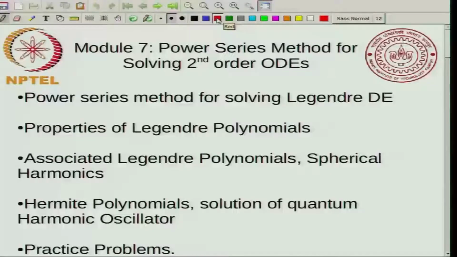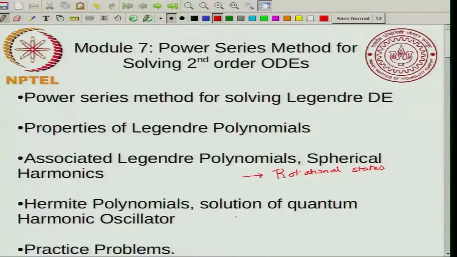Incidentally, I should mention that spherical harmonics are related to rotational states of molecules. So if you are doing any rotational spectroscopy, then you can probe the difference in rotational energy levels, and these are related to solutions of these spherical harmonics.